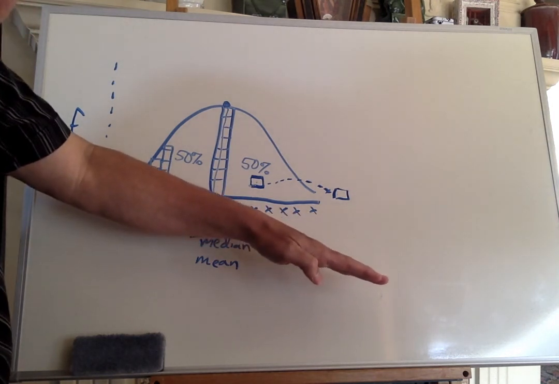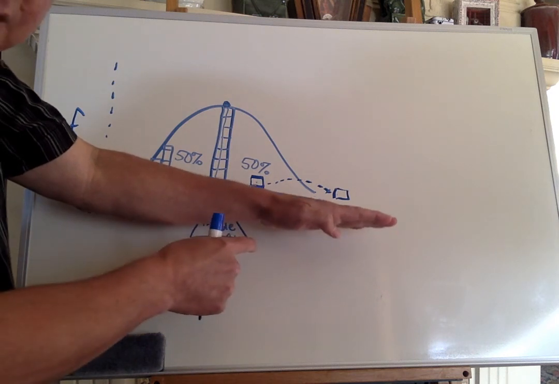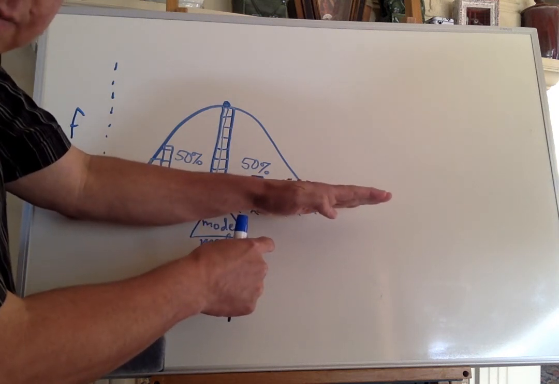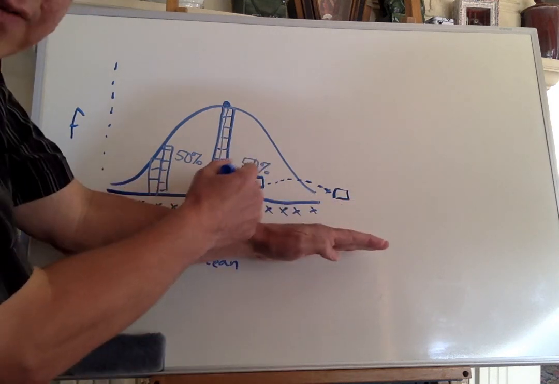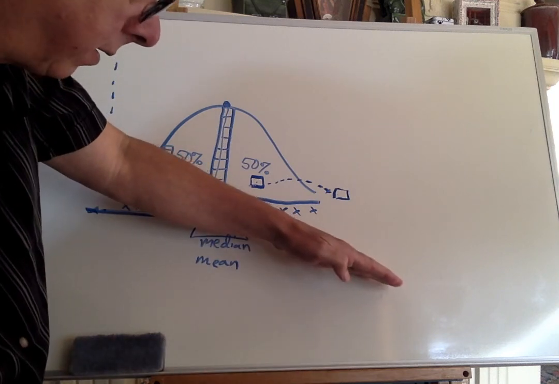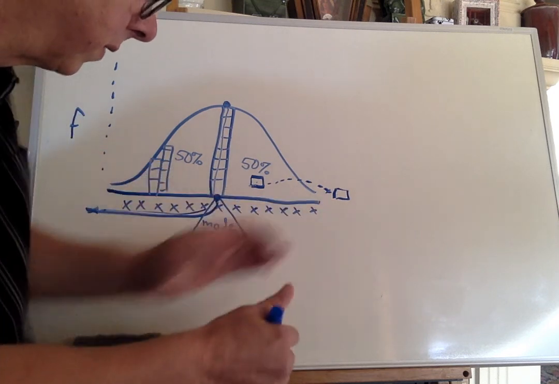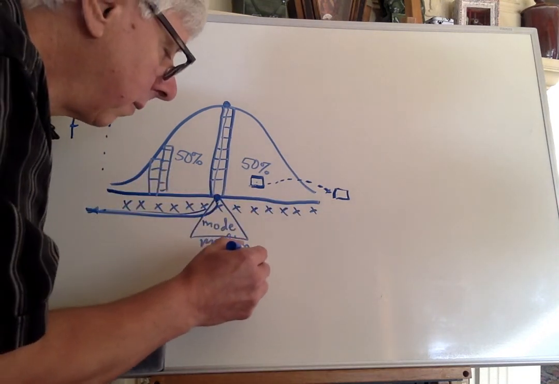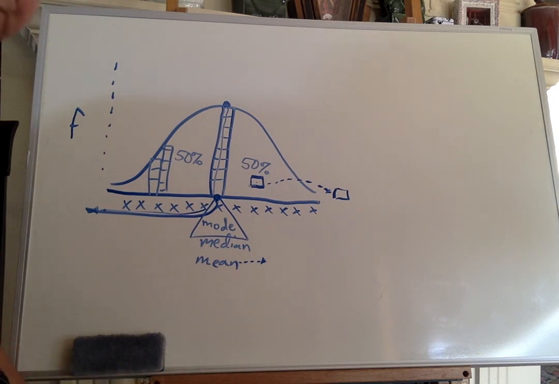It goes down. So what do I need to do with my fulcrum? I need to move it over this way to move it back up. So it was balanced, then I move that block from there to there, so it makes this side heavier, because of the leverage, and then I have to move my fulcrum over. So the mean would be pulled out if I increase that score.